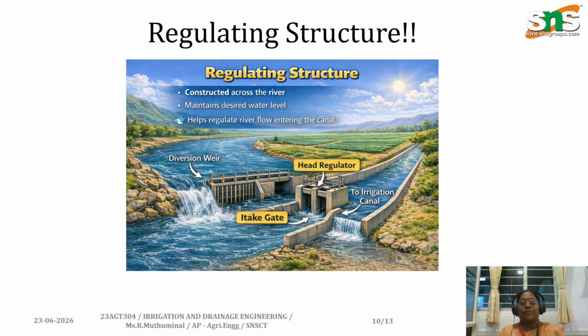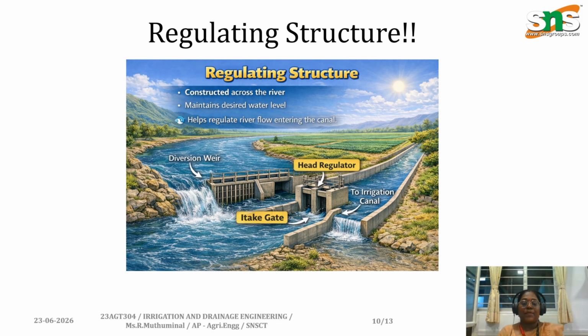These structures are responsible for diverting water from the river into the canal network. Their design should ensure adequate water supply while minimizing the sediment entry. A regulating structure further helps in controlling and measuring the discharge entering the canals. Proper regulation ensures equitable distribution of water among the farmers.